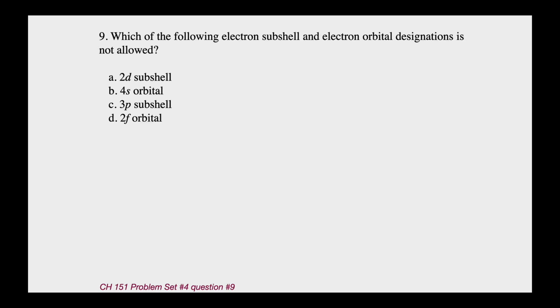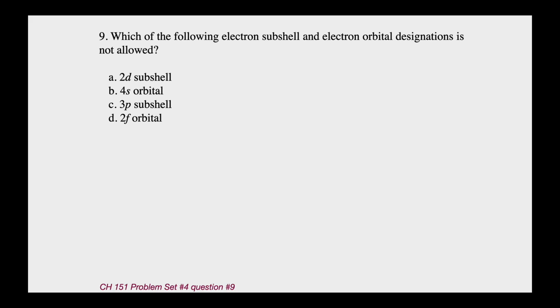Some of the subshells are not allowed, and we can use a periodic table to answer this, or we can use an Aufbau. So if you followed the lectures, it was always starting with 1s, and then it went 2s, and 2p followed, and then there was 3s, 3p, 4s, 3d, etc. However, we never got to a 2d.